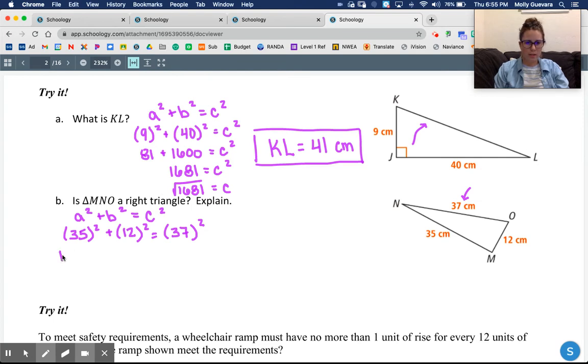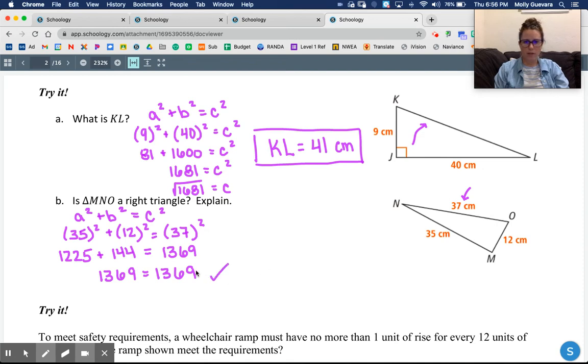35 squared is 1225. 12 squared is 144. And 37 squared is 1369. I'm going to add these two numbers together, and I get 1369 equals 1369. So then the question is, does it work?